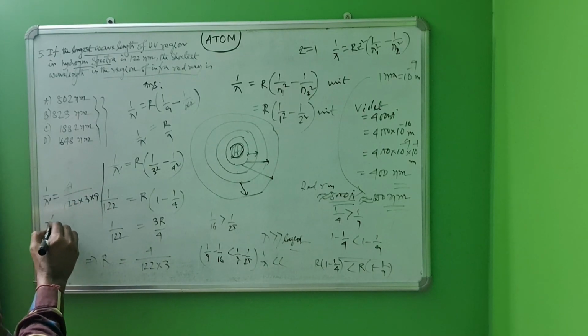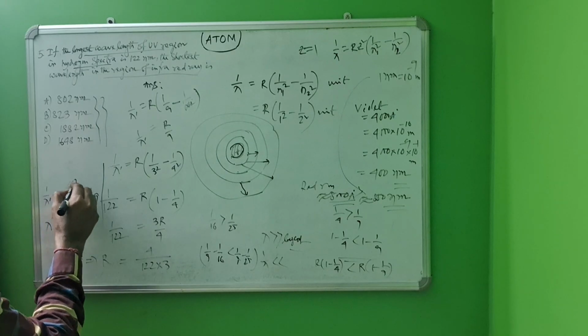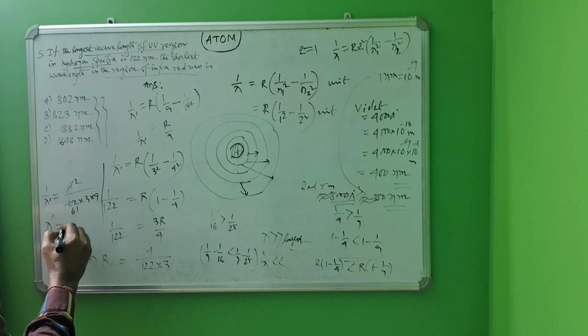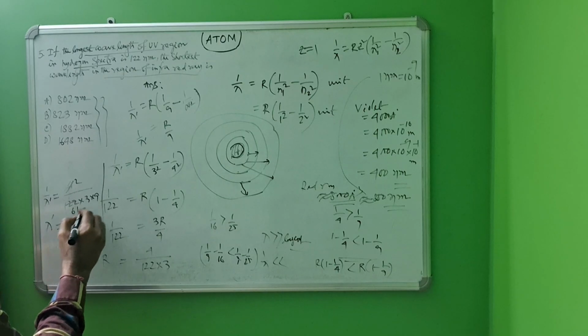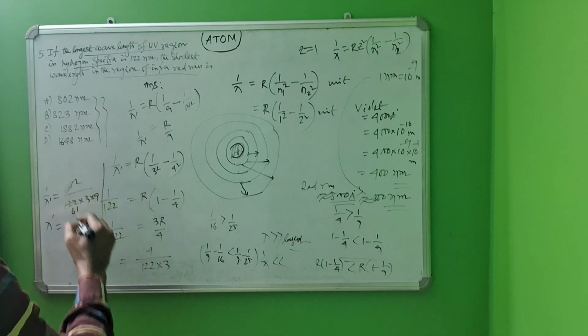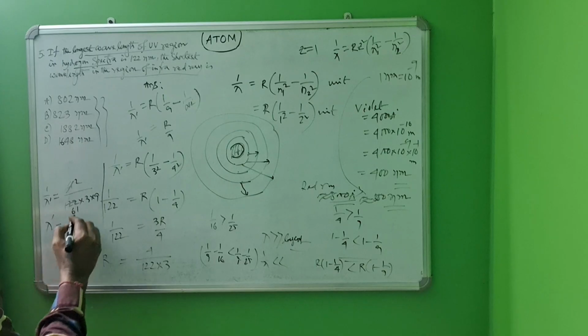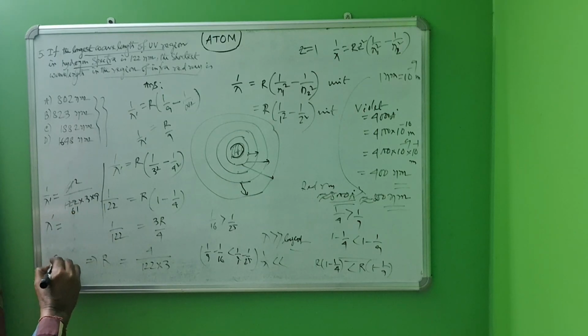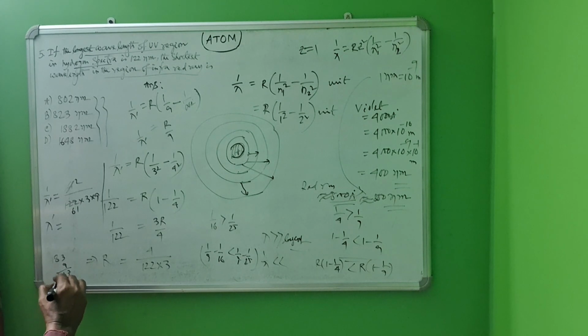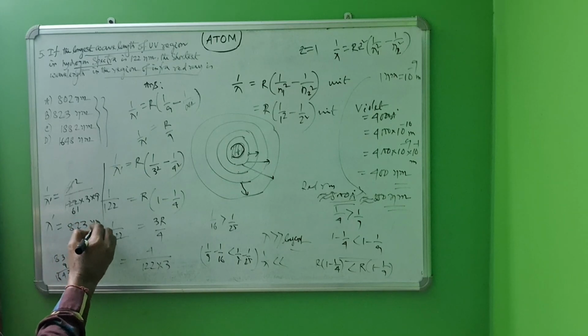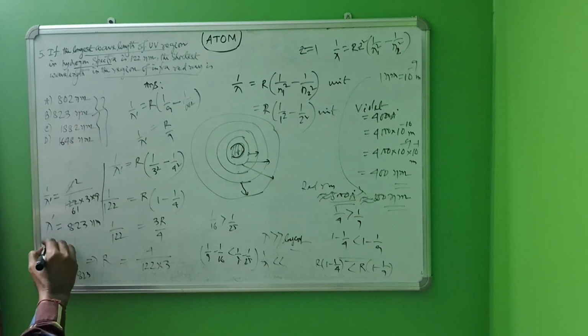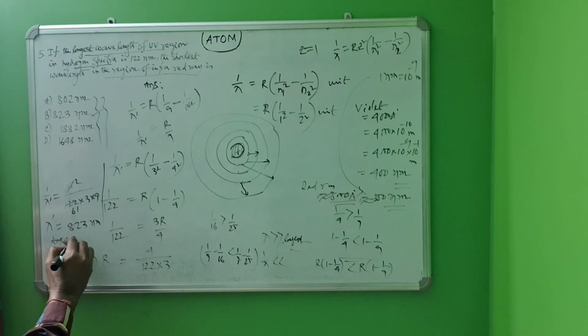So lambda dash equals 823 nanometer. So answer will be B. Answer will be B.